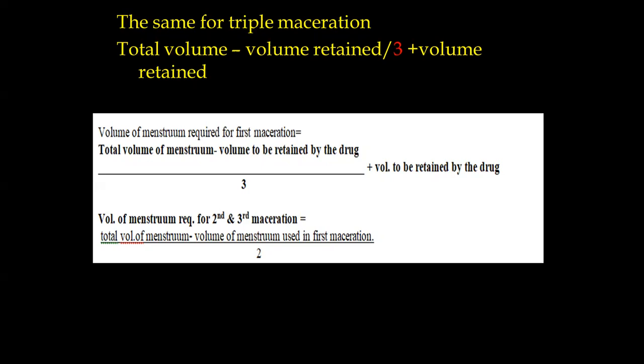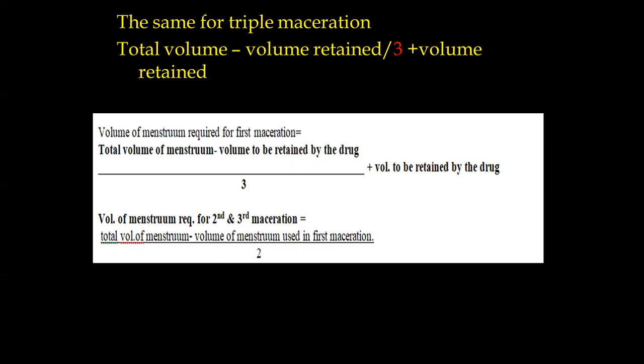The only difference from double maceration is that there we divided by 2, but here we divide by 3. And for the second and third maceration, the formula is the total volume of menstruum minus the volume of menstruum used in the first maceration, divided by 2. We get equal quantities, and that same quantity we pour in both the second and the third maceration.